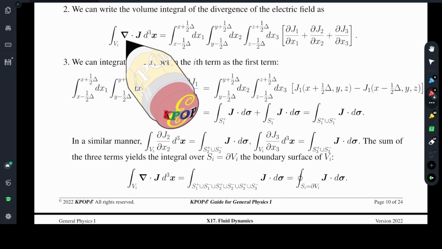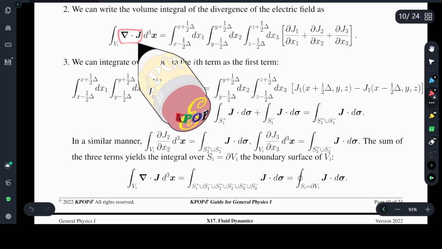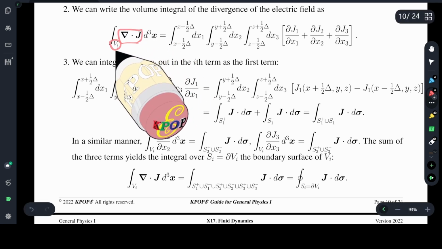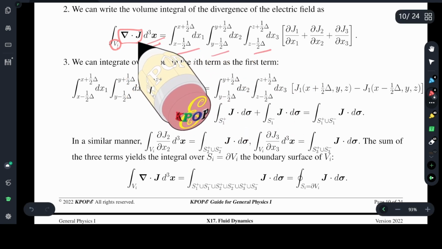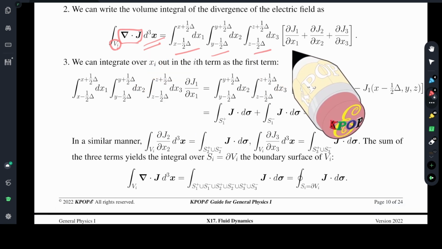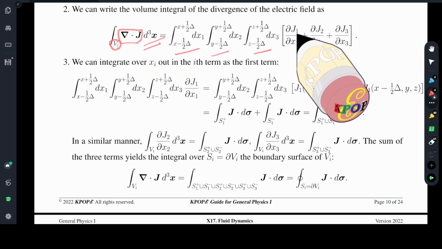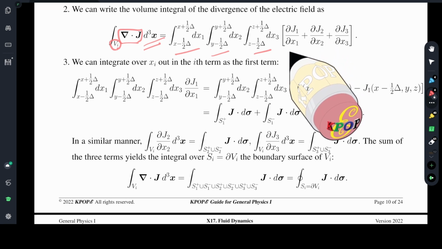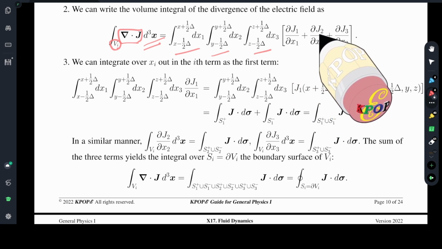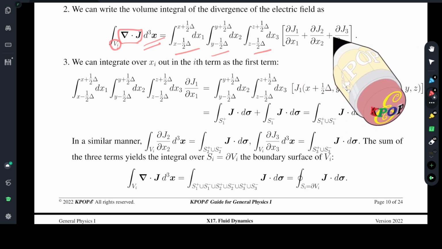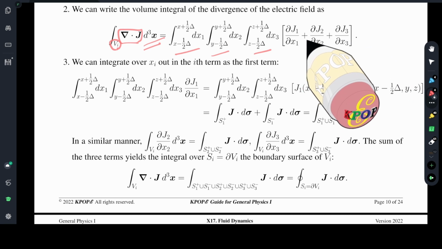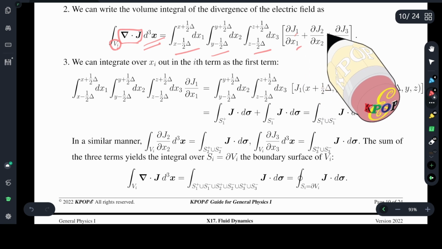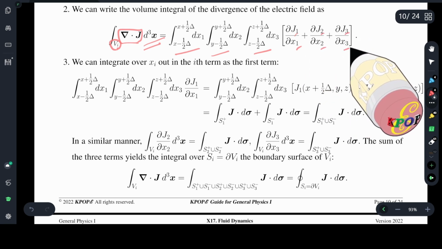Finally, let me compute the divergence of J inside a single cube. This is a three-dimensional volume integral, and the divergence is the sum of the first component of the current density, the second, and the third component, with the partial derivative taken with respect to each component: 1, 1, 2, 2, and 3, 3.